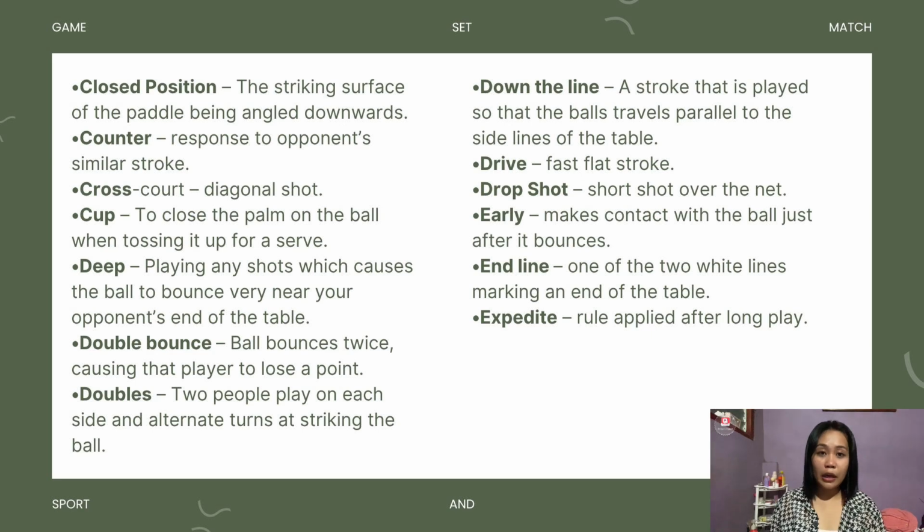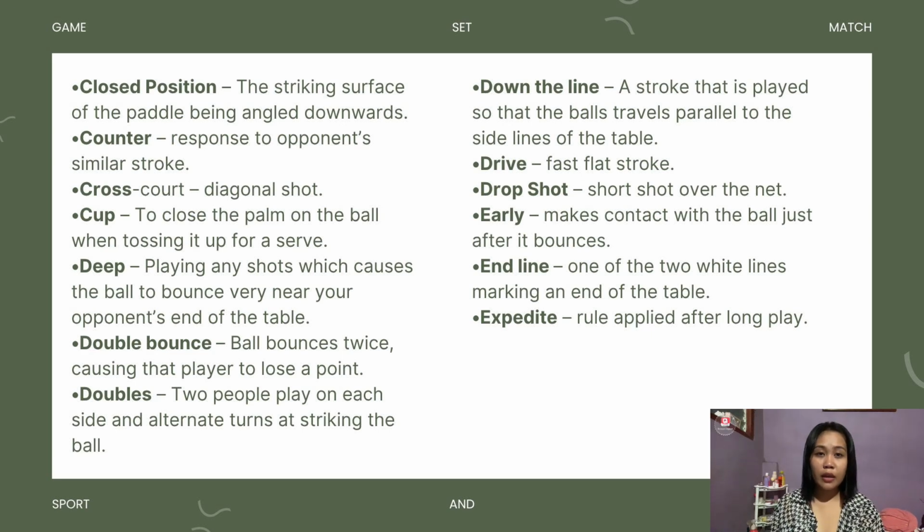And the term down the line refers to a shot that travels parallel to the sideline of the table instead of diagonally. And a drive is a fast and flat attacking stroke commonly used to pressure the opponent. And a drop shot is a soft and short shot that barely passes over the net, forcing the opponent to quickly move forward.